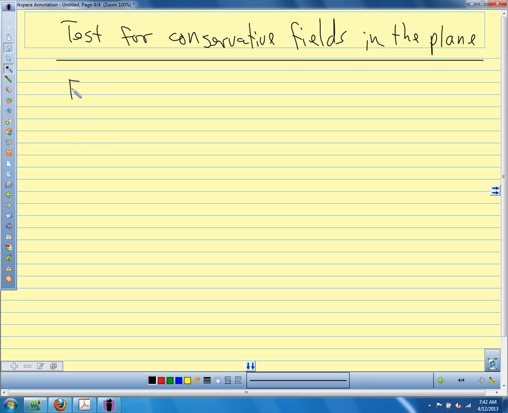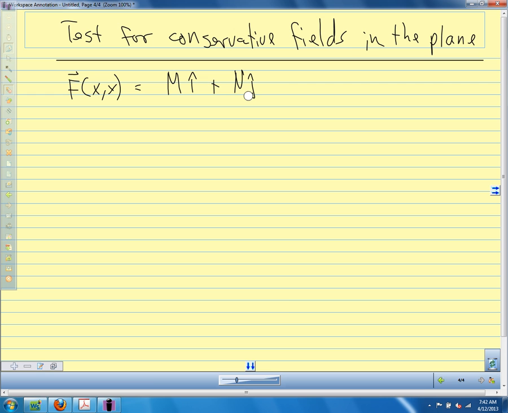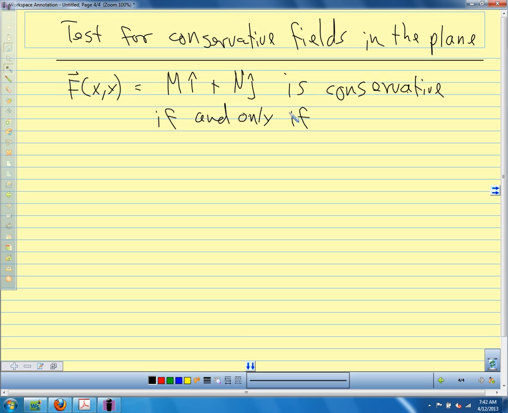So if we have a vector field F of x, y, and this is M i plus N j, and we want to decide if this is conservative, our theorem is this is conservative if and only if dM/dy, the partial of M with respect to y, equals dN/dx, the partial of N with respect to x.